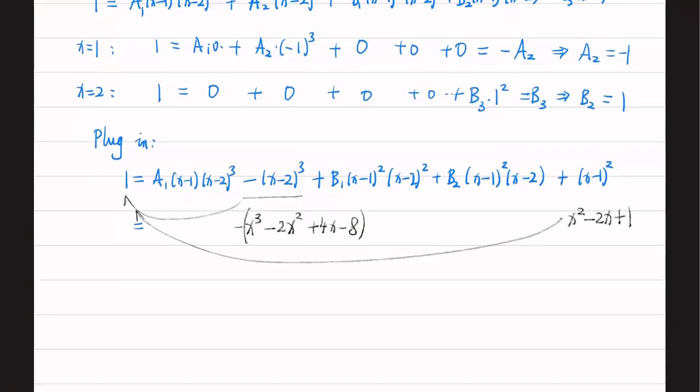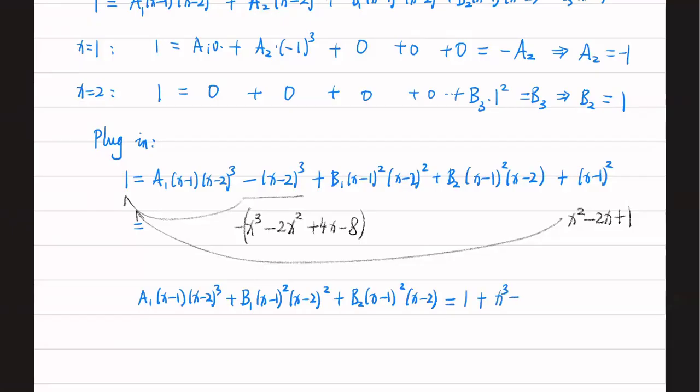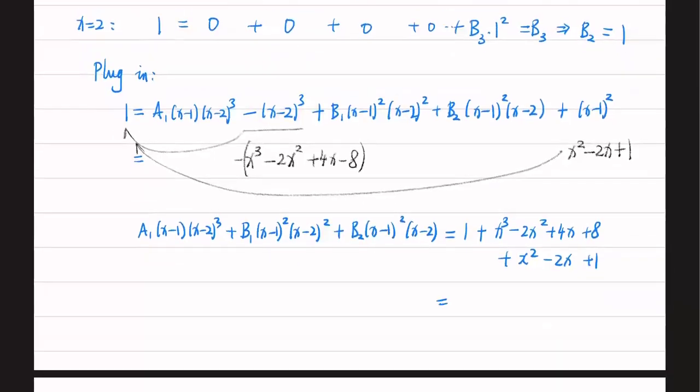So we have A1, B1 equals 1 plus this, which gives us x cubed minus x squared plus 2x plus 10.